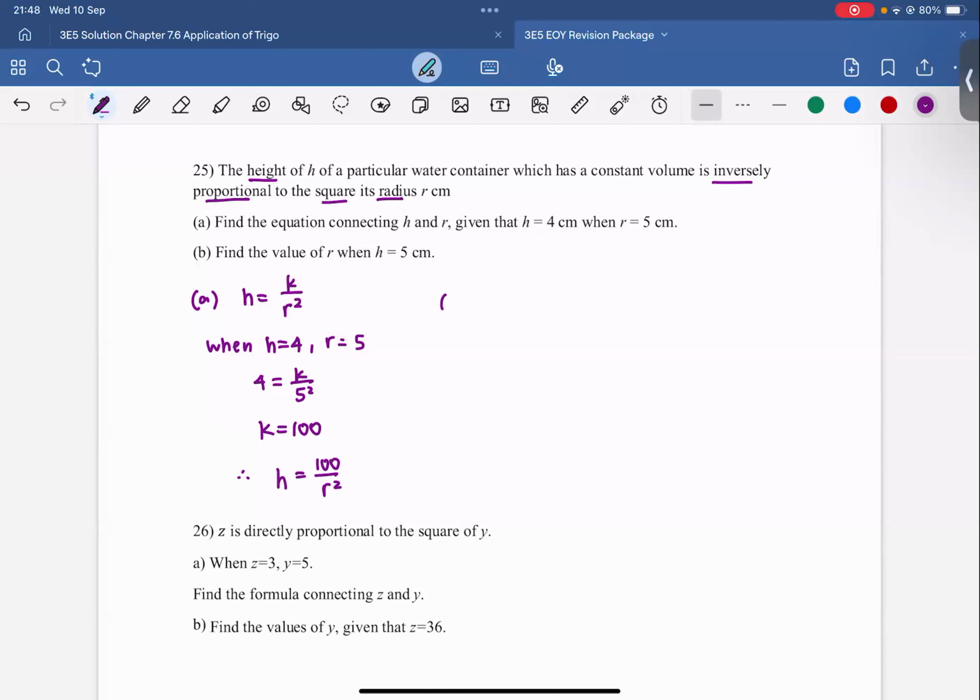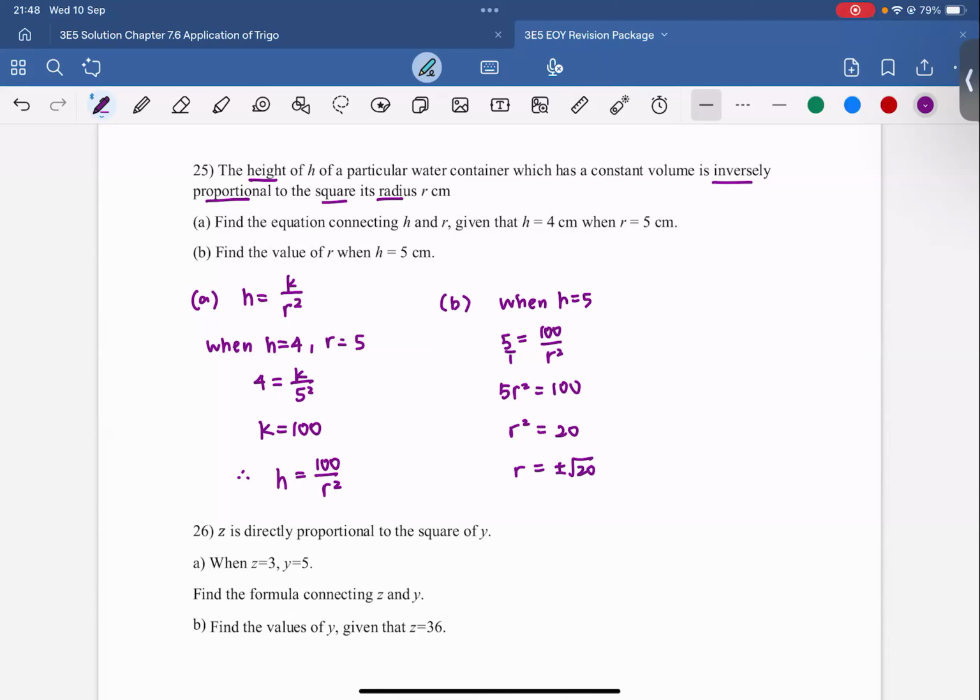Next, find the value of r when h is 5. So we use back this equation when h is 5. 5 is equal to 100 over r squared. What we do, this is over 1, we cross multiply. 5r squared equals 100. Divide by 5, 20. r is equal to plus minus square root 20.